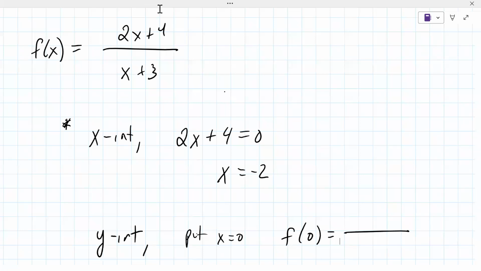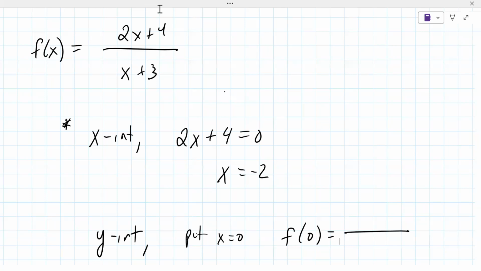Okay, I'm going to be writing it down. We put down 0 minus 2, 0 plus 2.